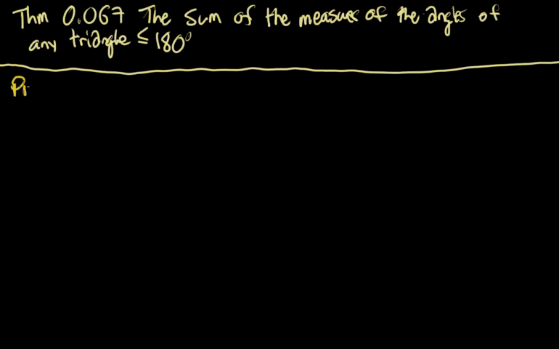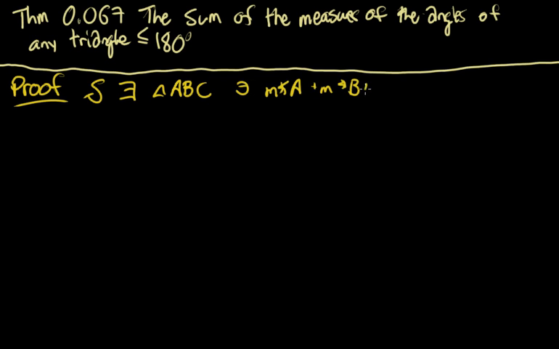Proof by contradiction. We'll suppose there exists some kind of triangle ABC such that measure of angle A plus measure of angle B plus measure of angle C is greater than 180.